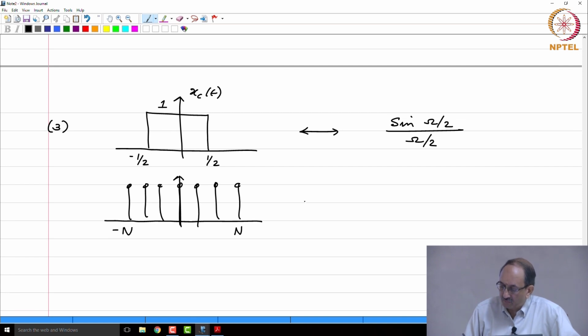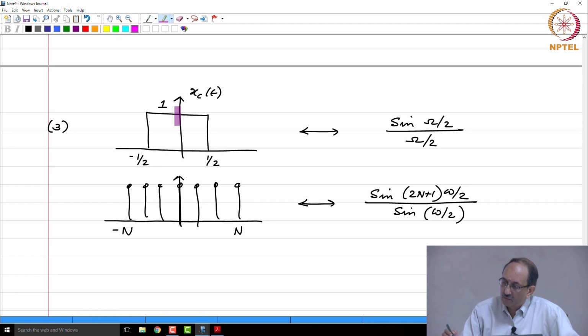So, this is our discrete time sequence, and we know that this transform is sin((2N+1)ω/2) by sin(ω/2). Therefore, if you take samples of this and then form this sequence, you should get this as the spectrum starting from this.